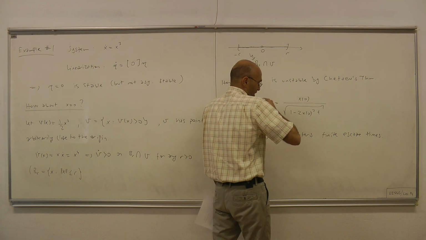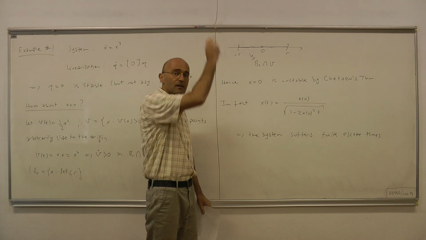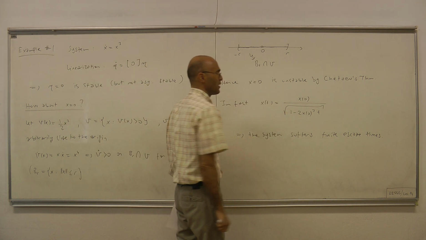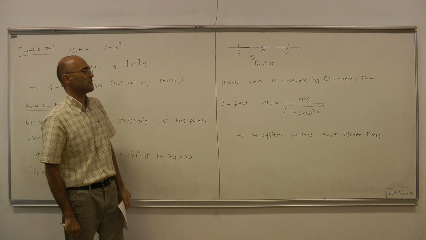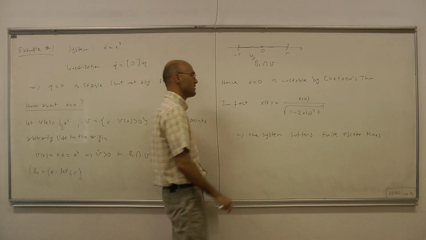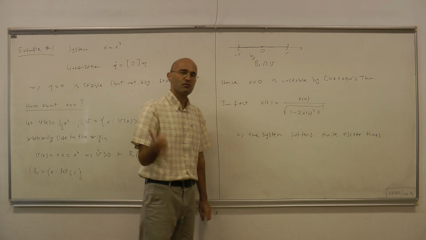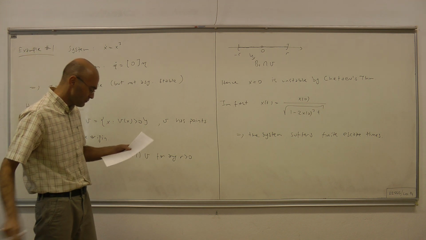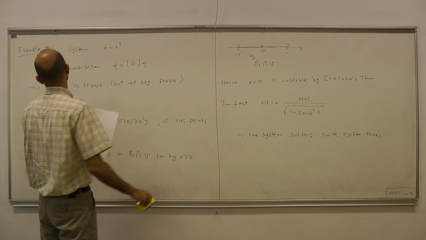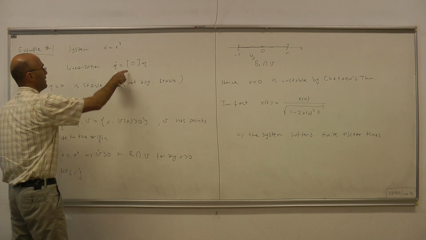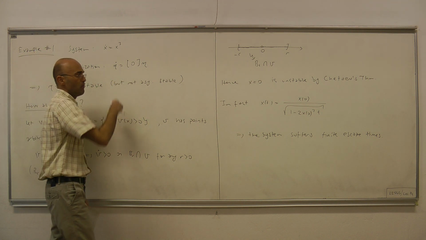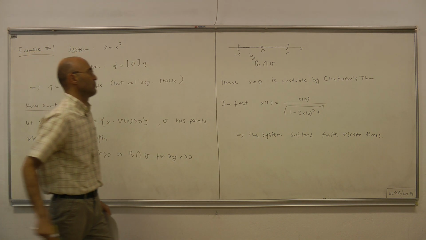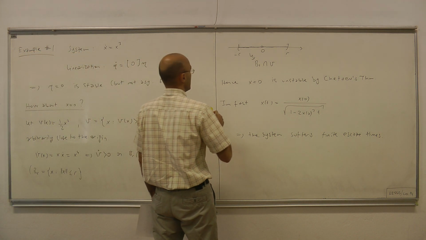At t equals 1/2, you reach, in a sense, infinity. Solutions are undefined for t larger than 1/2, provided that the initial condition x0 equals 1. So that's one of the examples where the linearization is stable, but the original system is unstable, that is, where the linearization cannot be used.